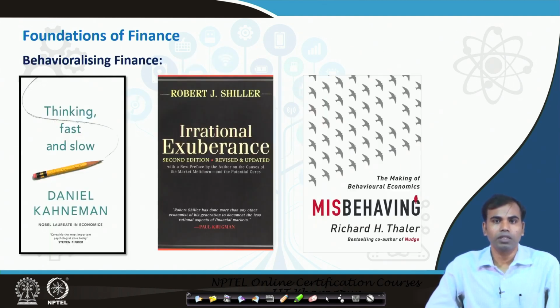There are several other systematic errors that individuals make. If you observe around you, or if you observe your own behavior, you might see that you are making one or the other systematic errors in your decision making in life in general, and in financial decision making in particular.